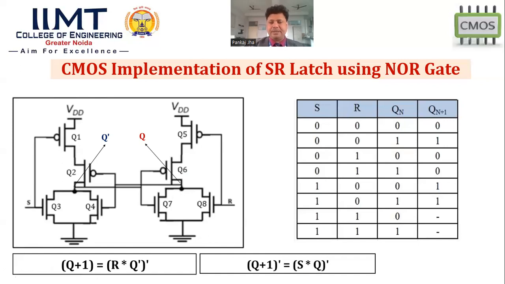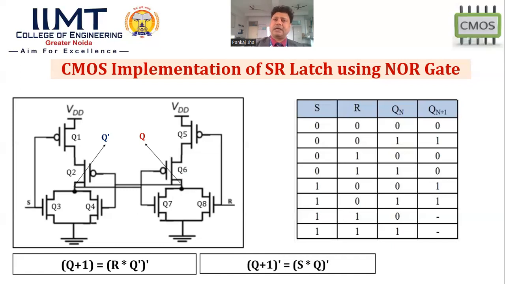Here I have mentioned these two dash conditions. The dash means these are invalid conditions. You can recall that the SR flip flop will work properly only if S multiplied with R produces 0 output.